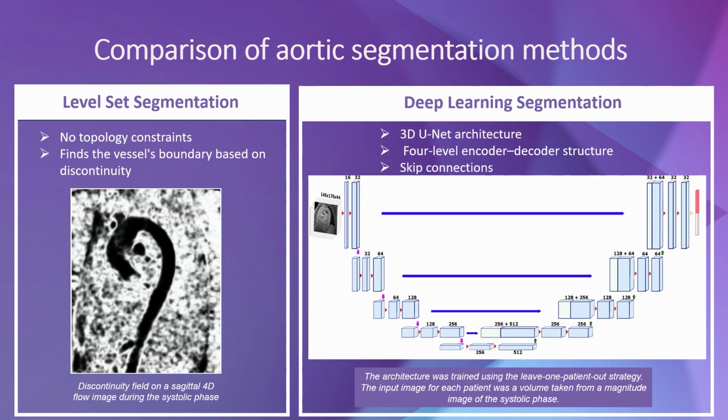So the level set segmentation is based on discontinuity of the vessel, and we use a generated MRI image in order to propagate the vessel boundary. For the deep learning segmentation, we use a typical 3D UNet architecture with 4-level encoder-decoder structure and skip connections in order to maintain spatial information.